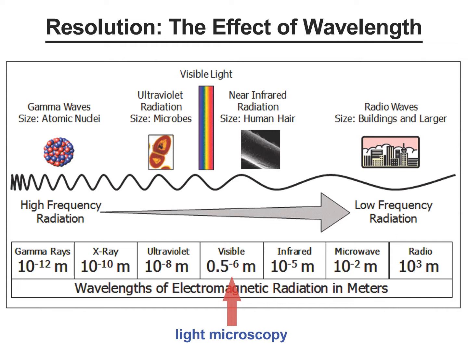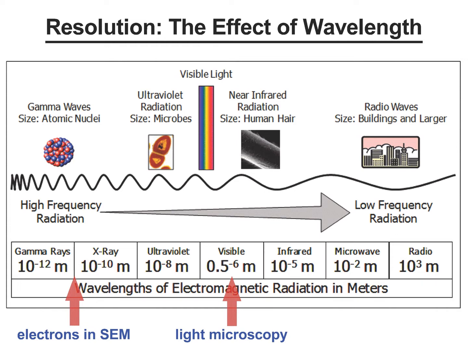Longer wavelengths of electromagnetic radiation, such as infrared, microwaves, and radio waves, are beyond our ability to see. Similarly, wavelengths shorter than visible light cannot be directly observed, such as ultraviolet, X-rays, or other radioactive energy.